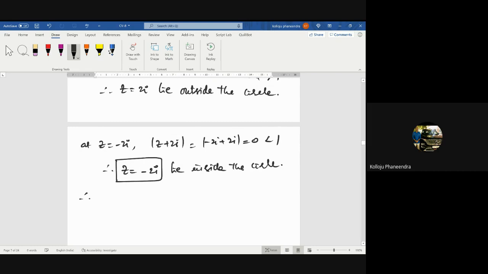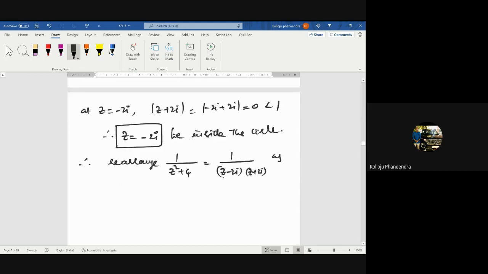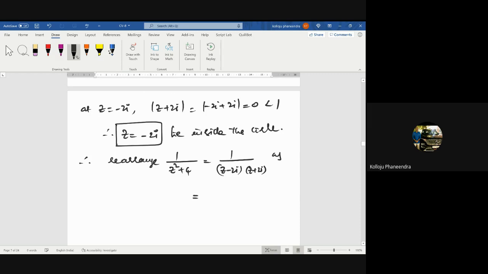Now, this is the point. Therefore, rearrange: 1 by z square plus 4 equal to 1 by (z minus 2i) into (z plus 2i). How can I consider this? Which one should be inside? z plus 2i.